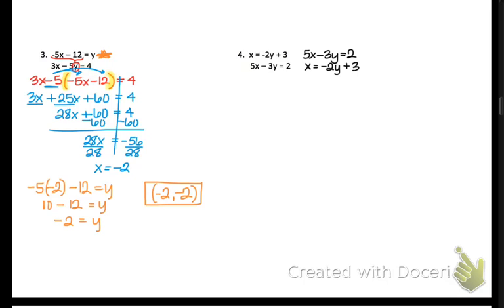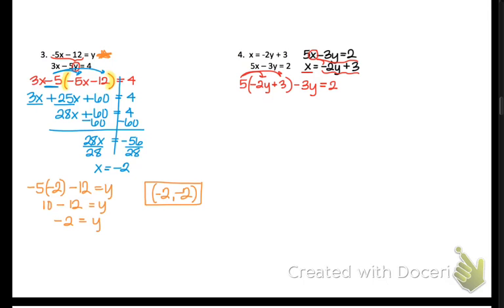It's okay that the one where the variable is by itself is in the bottom. That doesn't change anything. We're still going to take out the x from the top equation and put this one into it. So I'm going to say 5 parentheses. Now we substitute negative 2y plus 3. And then the rest is the same, minus 3y equals 2.